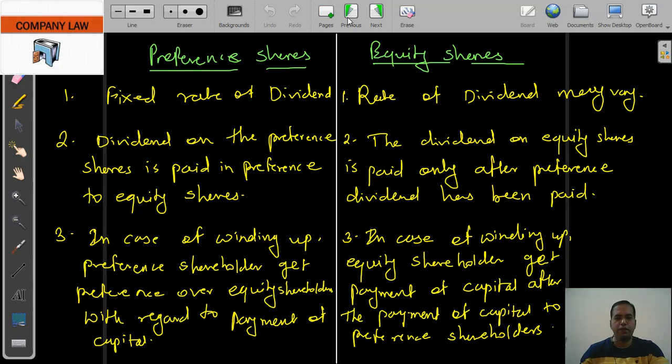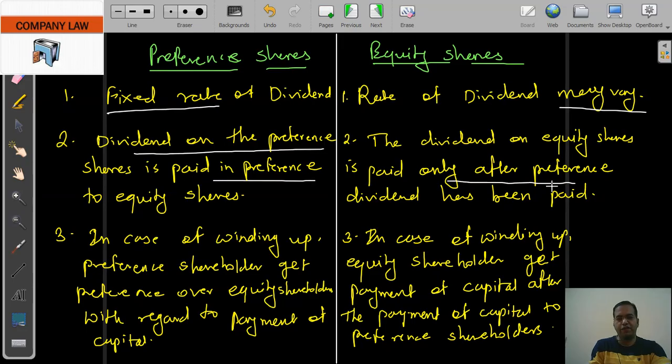So fixed rate of dividend may vary. Dividend on preference shares is paid in preference. Here I can just underline fixed rate, it may vary. In preference, after preference dividend. Again, on repayment at winding up, preference shareholders get preference over equity shareholders, but they do not get preference over preference shareholders.